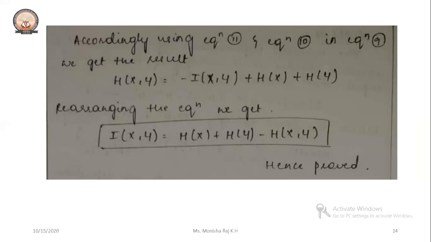Rearranging the above equation, taking the minus term to the left-hand side and H(X,Y) to the right-hand side, we get I(X;Y) = H(X) plus H(Y) minus H(X,Y). Hence, property 4 has been proved.